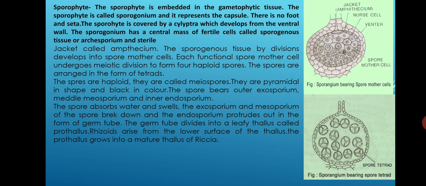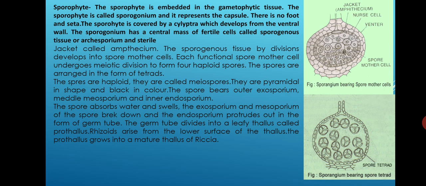Next friends, after fertilization, the zygote is formed, and then the zygote produces the sporophyte. In Riccia, the sporophyte is embedded in the gametophytic tissue. The sporophyte is called the sporogonium and it represents the capsule. There is no foot and seta.